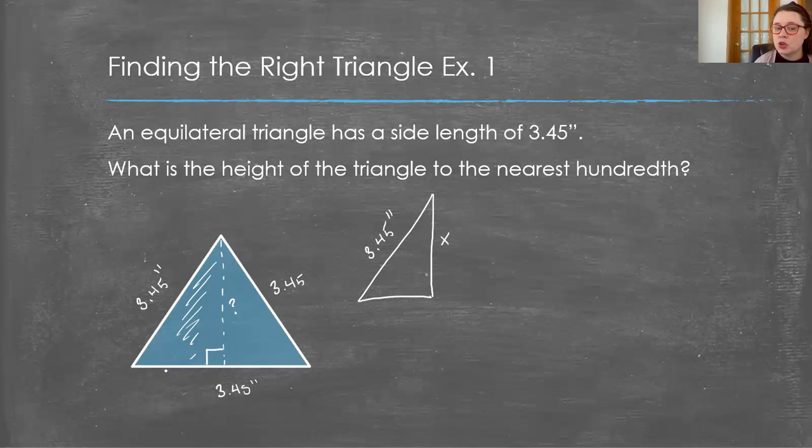And now I need to know what's the bottom. Well, it happens to divide this triangle in two. So 3.45 divided by 2 leaves us with 1.725. So that's this one. This is the triangle that we're solving, and by solving this half of the triangle, it will actually give us the information we want to know about the whole triangle.